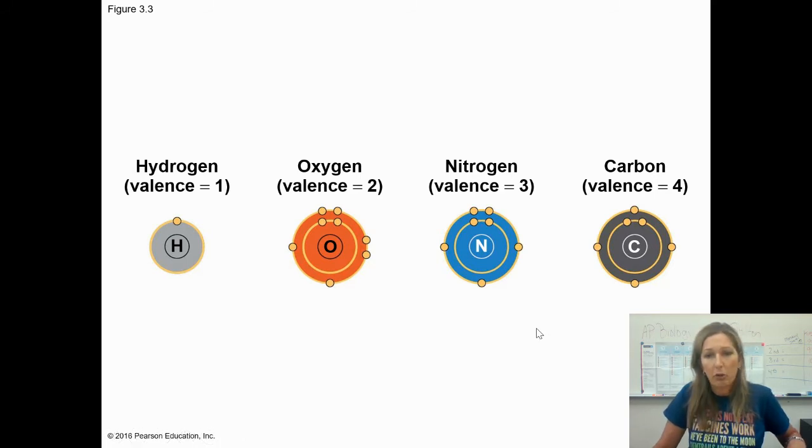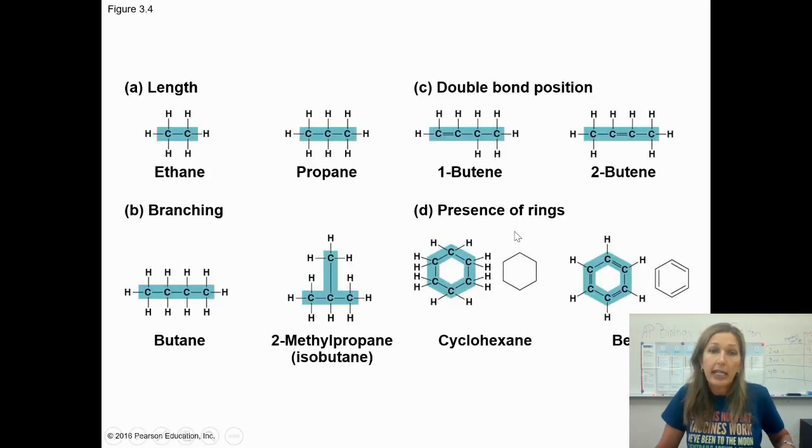Now, with macromolecules, we're going to see these atoms in our macromolecules. We'll have to make sure that we're learning the monomers and the polymers of our 4 macromolecules: carbs, lipids, proteins, and nucleic acids. What we are seeing here is classified as a hydrocarbon. Hydrocarbons are organic molecules made of only carbon and hydrogen.